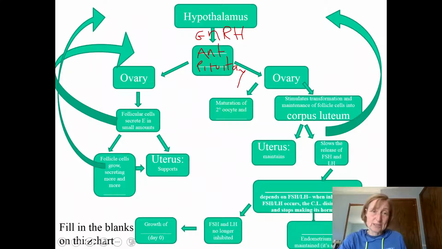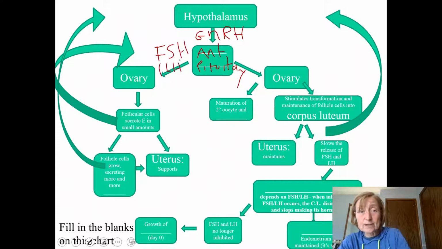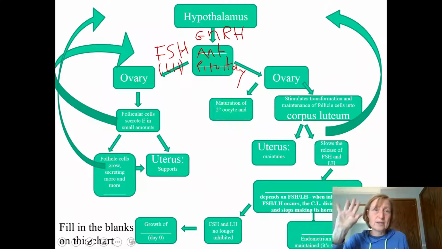Early in the cycle it starts secreting FSH, and in parentheses also some LH, okay? But the FSH, what did that stand for again? Follicle stimulating hormone. The FSH targets the ovary.